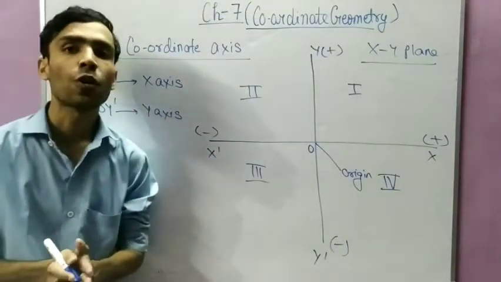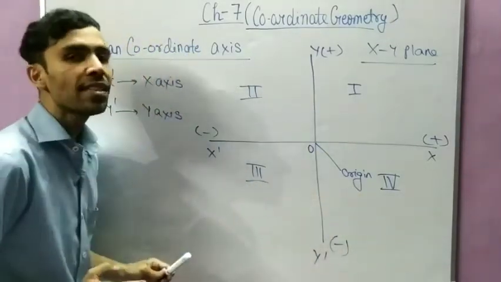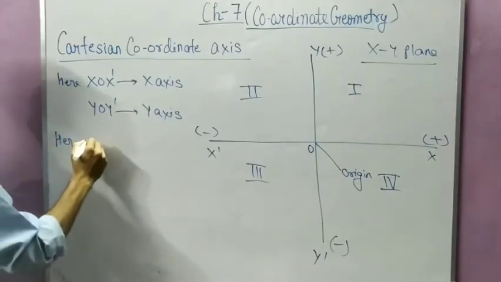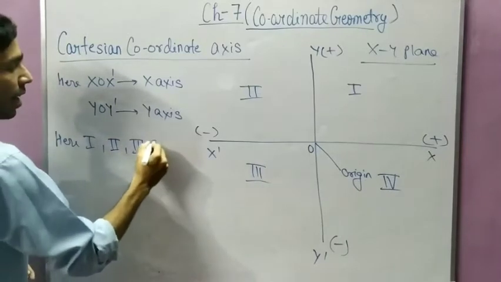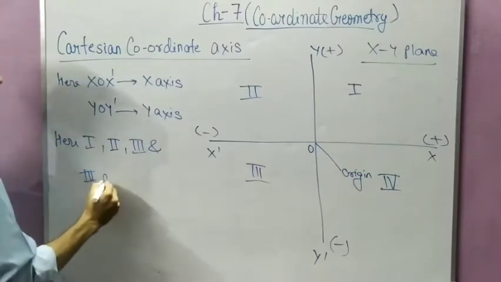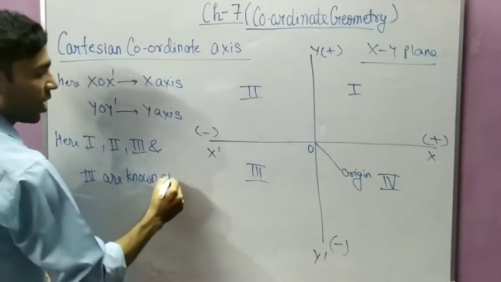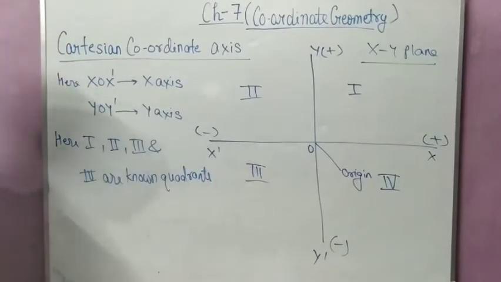There are four quadrants. First, second, third, and fourth are known as quadrants. So we can write here: first, second, third, and fourth are known as quadrants.